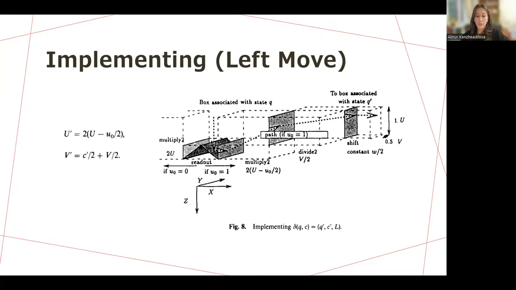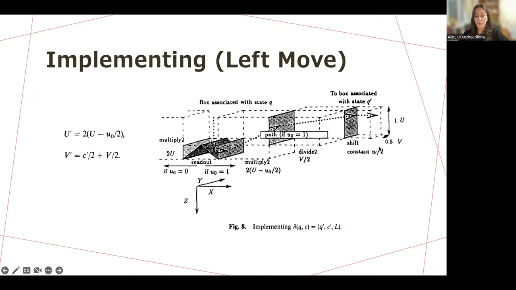Also, the ray which exits the multiply two box. After this, there is the multiply two box. They go to the divide two box, and this actually halves the value of the V. And here, the ray which exits the divide two box enters the entrance window of the state Q with shifting by this value.